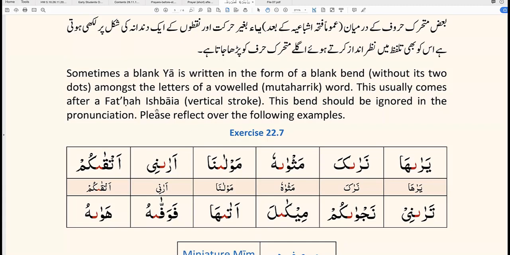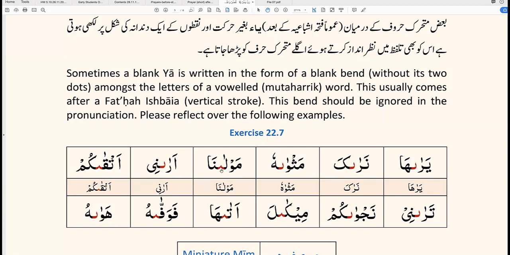When you see something like this, a blank ya written in the form of a blank bend without its 2 dots amongst the letters of a voweled word. Okay, so what's being meant here by the voweled word, a mutaharik word, is that there's a word and there's lots of letters and they carry strokes, okay? That's what's known as a voweled word. When you see something sitting in the middle, like any of these in red, you ignore them.